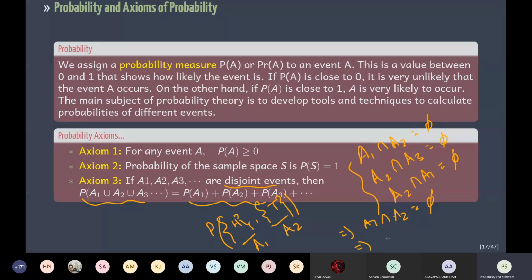So this implies that the probability will be nothing but the probability of A1 plus the probability of A2. Okay, which will be half plus half, and this is coming out to be 1 because A1 union A2 is nothing but the whole sample space anyway.